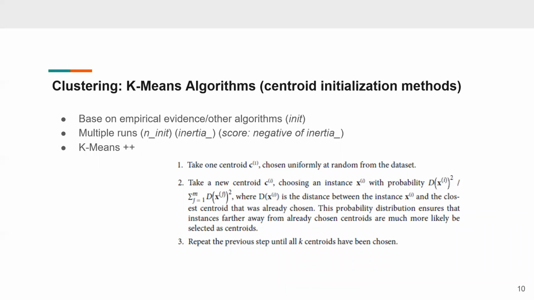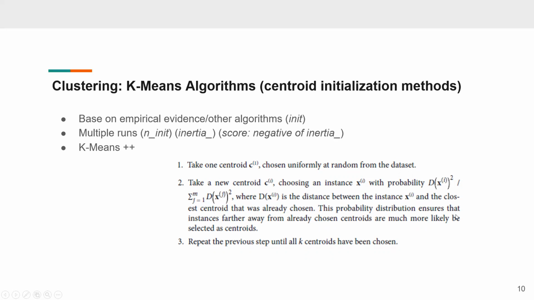Right. So what it does is take one centroid C1, which is chosen uniformly at random from the dataset, and then you take a new centroid Ci, a different point, choosing an instance Xi with a certain probability. This probability is defined as the distance of xi squared divided by the summation of all the rest of the distances squared, where D(xi) is the distance between the instance xi and the closest centroid that was already chosen.